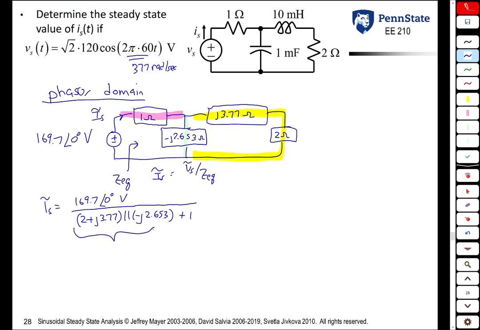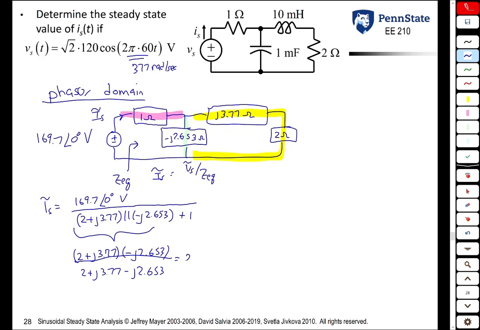So this parallel combination is a product over the sum, 2 plus j 3.77 times minus j 2.653 all over 2 plus j 3.77 minus j 2.653, the product over the sum.